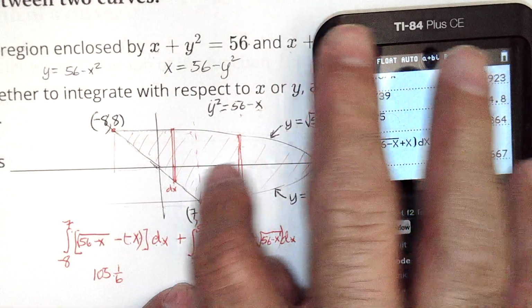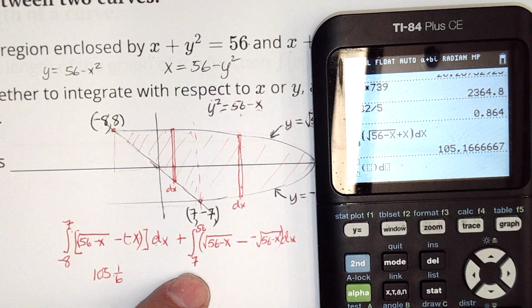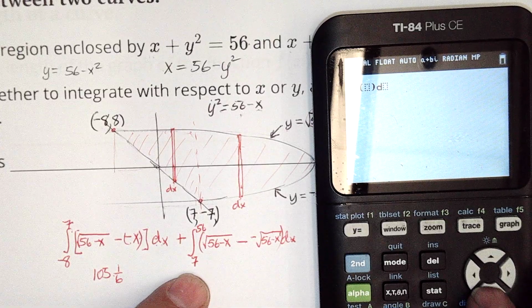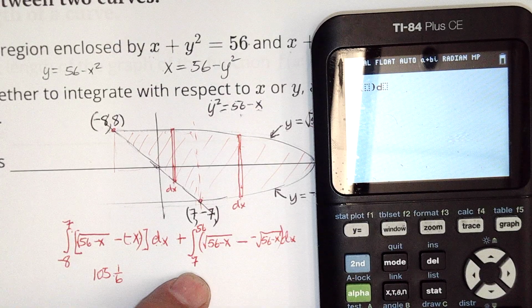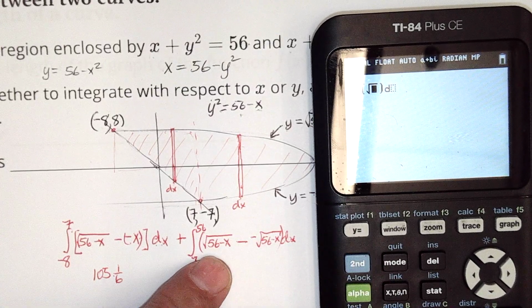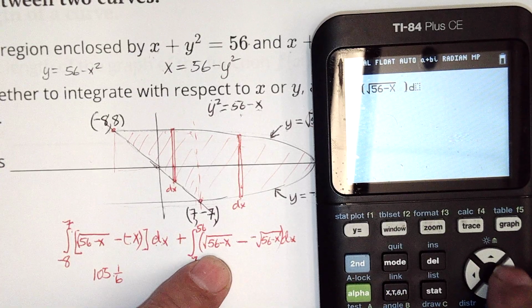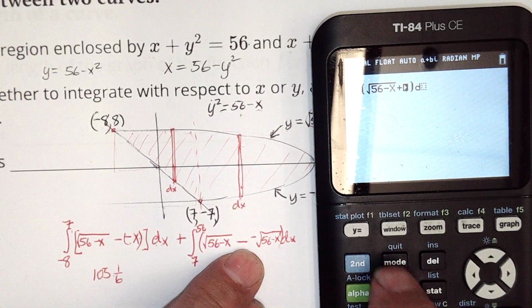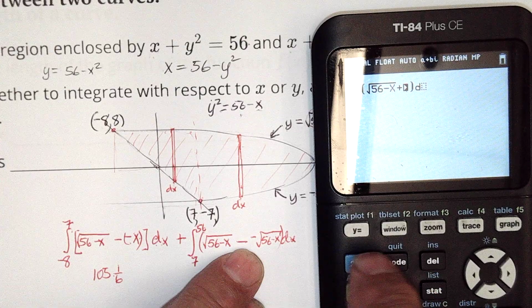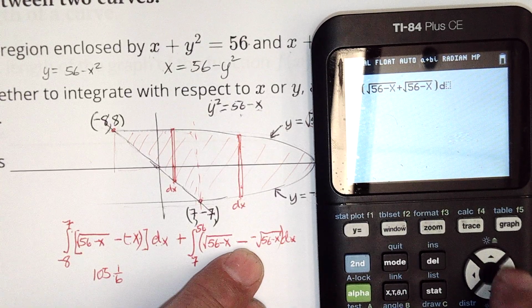Now we need to figure out the area of this part. So math 9 from 7 to 56 of the square root of 56 minus x minus a minus, so plus the square root of 56 minus x dx.